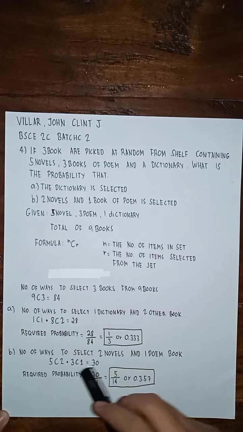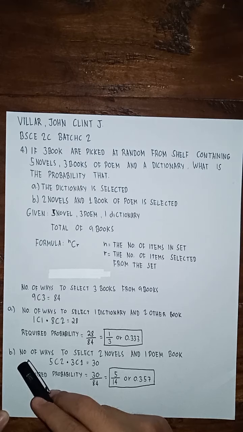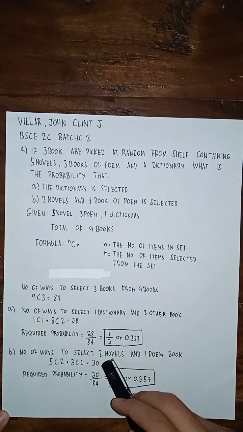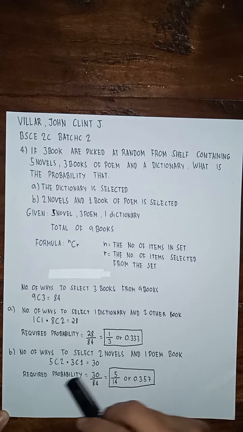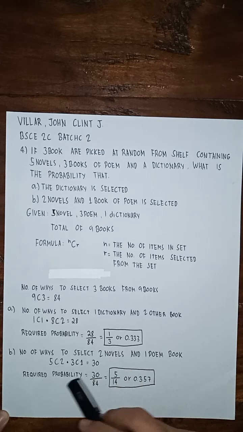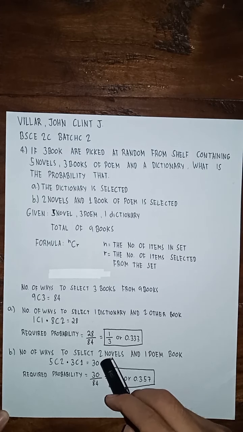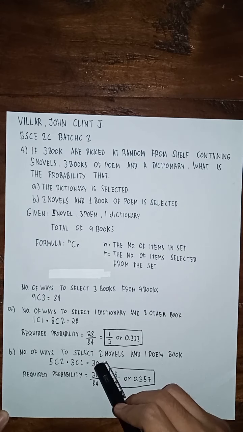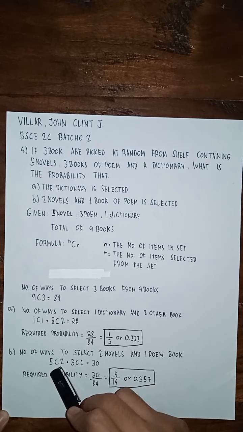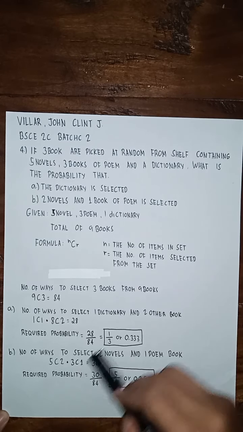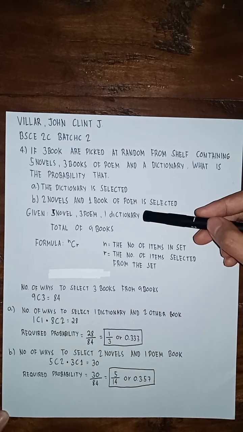Then, dito naman sa B, kukunin natin yung probability na makakuha tayo ng 2 novels and 1 poem book. So, number of ways to select 2 novels and 1 poem book. So, 2 novels. In our given, there's 5 novels. So, 5 combination 2, multiplied by the 1 poem book, and in the given, we have 3.